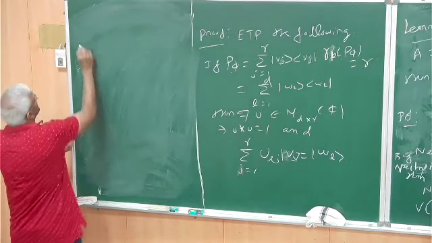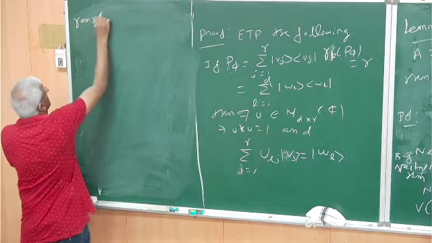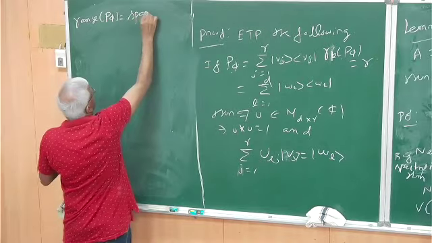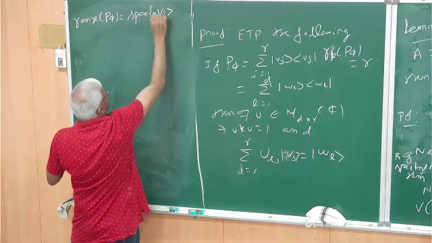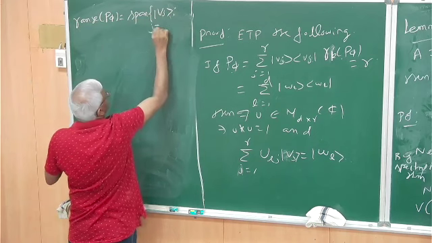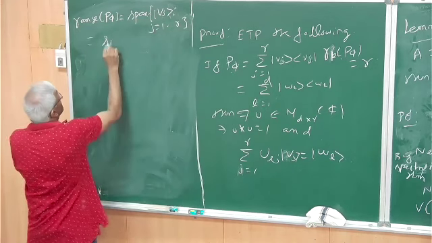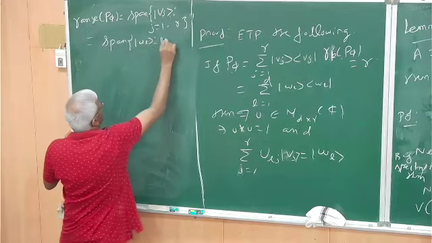Then first, the range of P phi equals the span of those Vj, j equal to 1 to R, which is also the same as the span of WL, L equal to 1 to D.